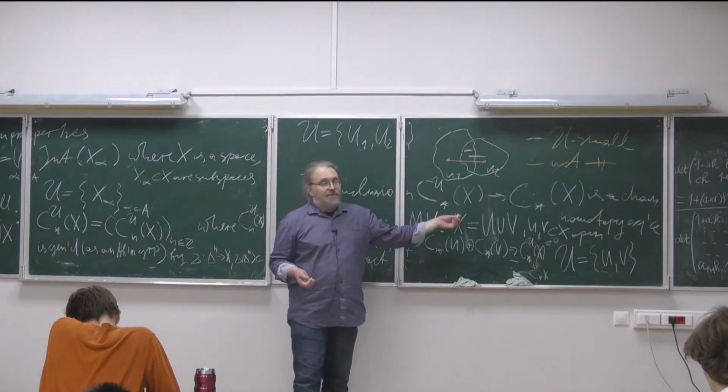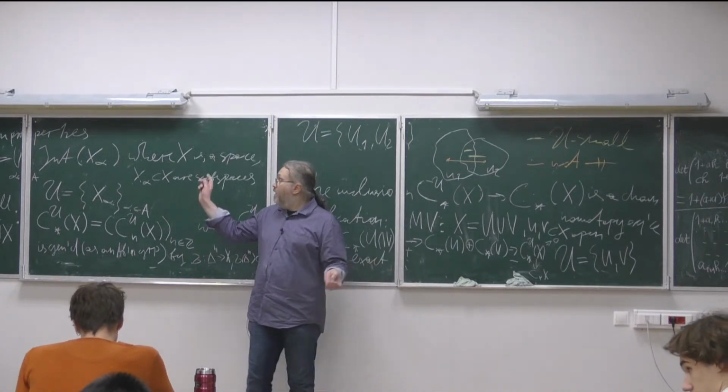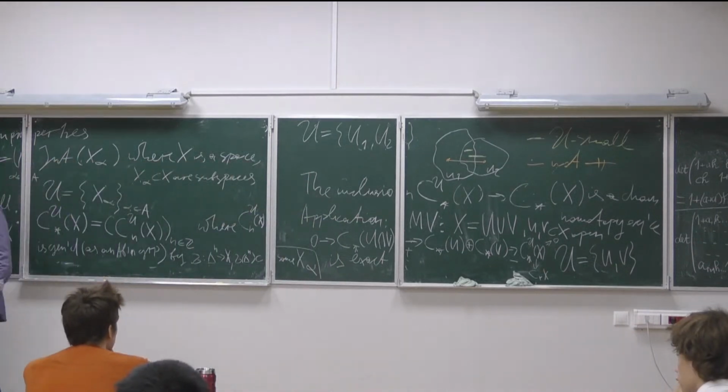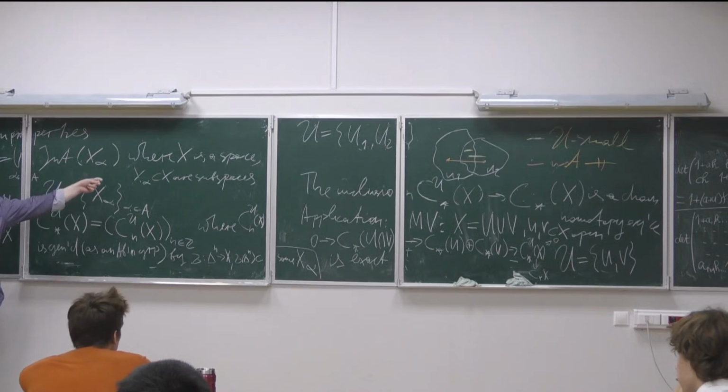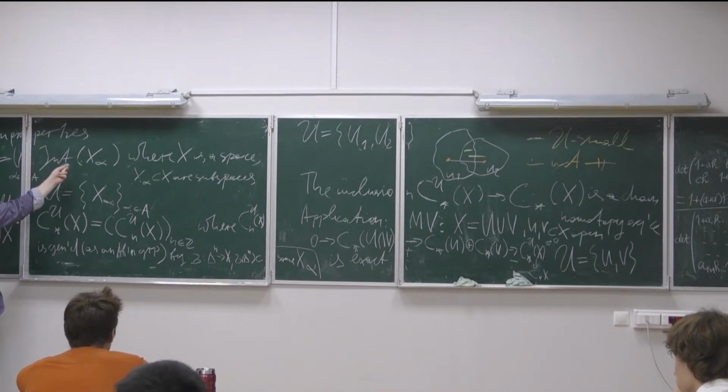Are there any questions? So we have discussed two properties: homotopy invariance and small singular chains, meaning small with respect to some given family of subsets, such that the interiors cover everything.